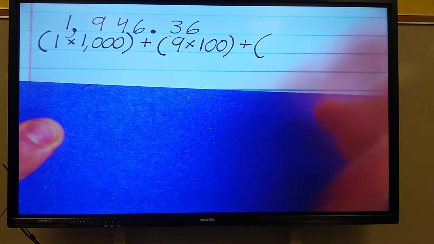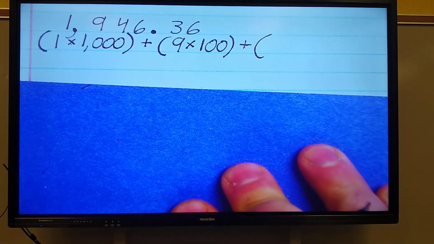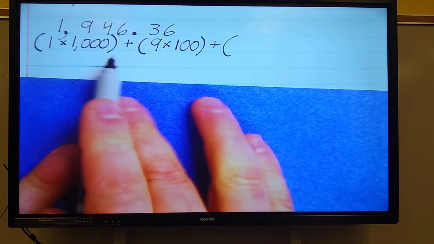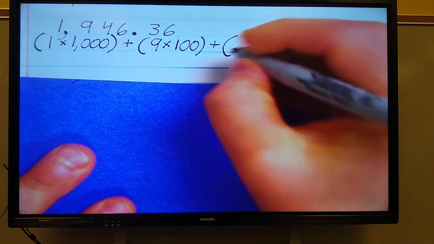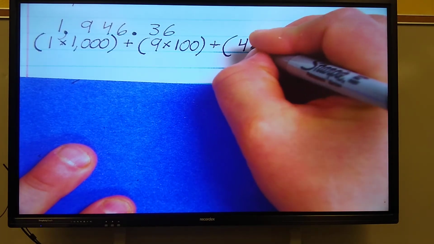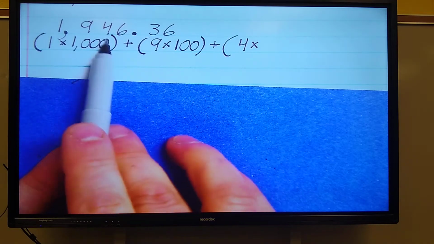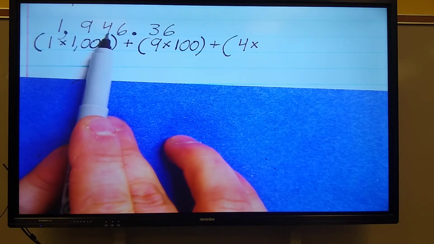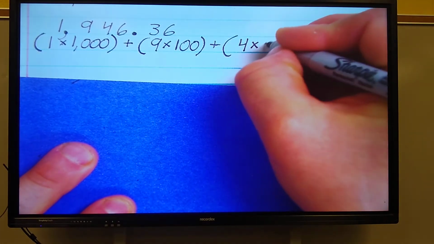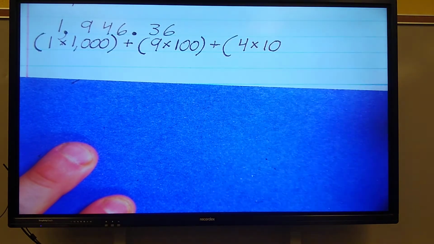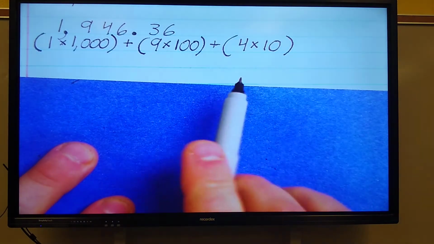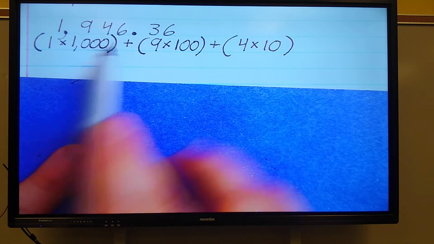We go to the next number. Let me back this up a bit so we have some room. The next number is a 4. So I put 4 down. Times. The 4 is in the tens place. The value is 40, but it's in the tens place, so 4 times 10. Then another parenthesis. 4 times 10 equals 40.